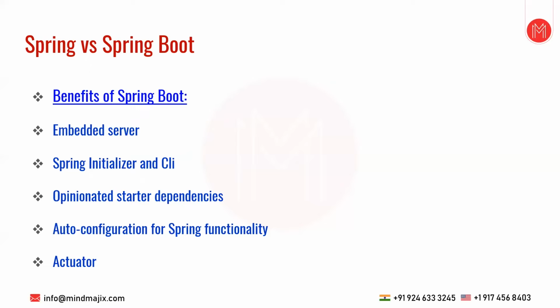Spring Boot comes with an embedded server automatically. And to create a Spring Boot project, there are many ways. Like you can create it by using Spring Initializer. It is one simple URL where we pass some metadata information to create a Spring Boot project. Or you can use Spring Boot CLI, command line interface, to create a Spring Boot project.